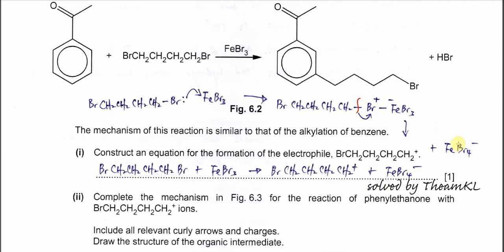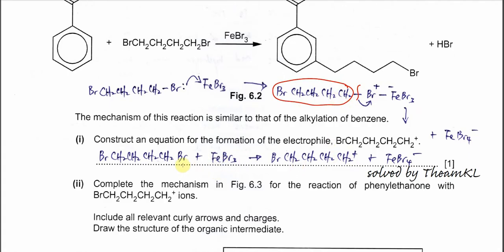So that is the electron rich part. The electron deficient part, of course, is this part, the bromine with the (CH2)4 here, so it will form this carbocation. Okay, so for this equation, you just need to put one bromine here with the FeBr3, and you put the charge there, FeBr4 negative, and this carbocation.